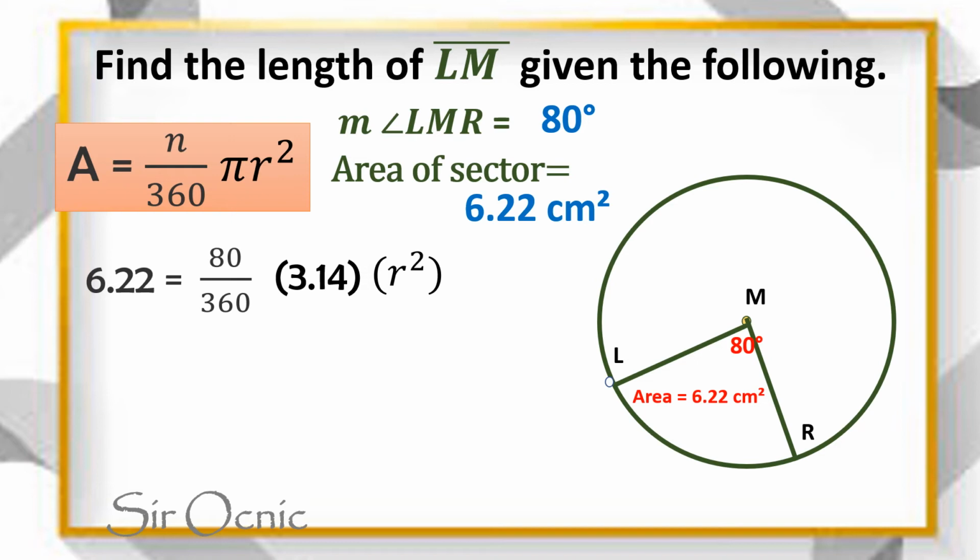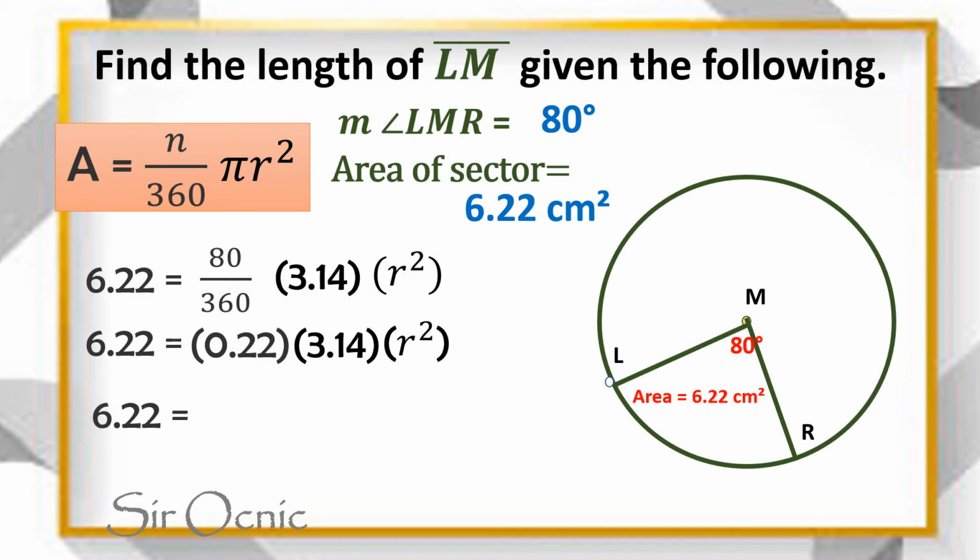Simplifying 80 divided by 360, you will arrive at 6.22 equals 0.22 times 3.14 times r squared. Getting the product of all the numbers at the right side of the equation, you will arrive at 6.22 equals 0.70 times r squared.